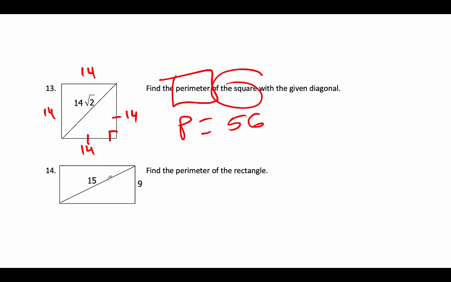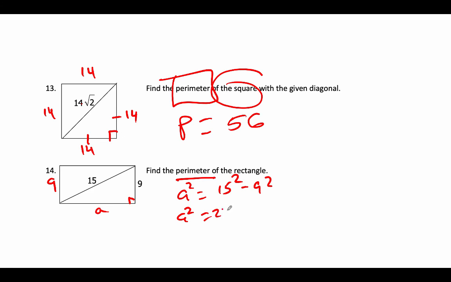Also, take a look down here, this number 14, it says it's a rectangle. Anywhere on this problem does it say this is a 30-degree angle? No. People look at this and they assume 30, 60, 90, and things go bad. All right? So if we're finding the perimeter of the rectangle, that's 9, that's 9. What do I have to do? I need to find this missing side down here. Let's call it A. So I'm going to do A squared equals 15 squared minus 9 squared.